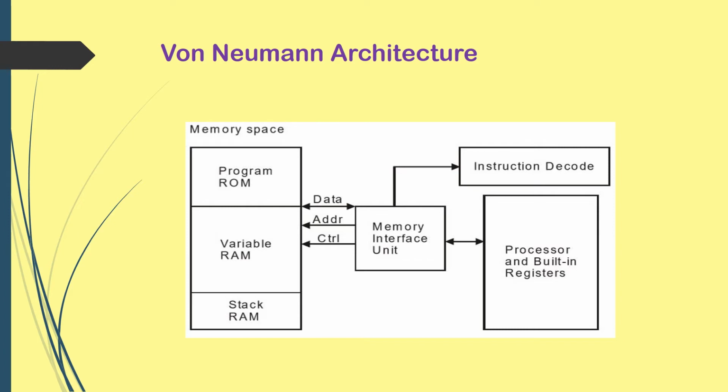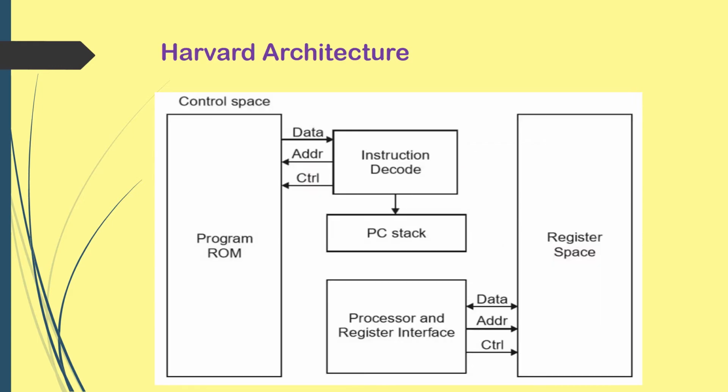Now as far as Harvard architecture is considered, here you can see it is again a simple computer architecture, with separate storage and separate pathways for program data and instructions. Unlike von Neumann architecture, which employs a single bus to both fetch instructions from memory and transfer data from one part of the computer to another, Harvard architecture has a separate memory space for data and instructions.